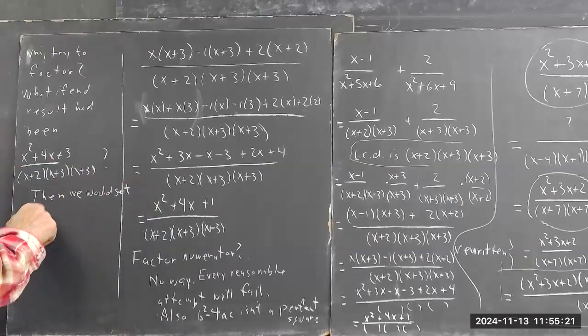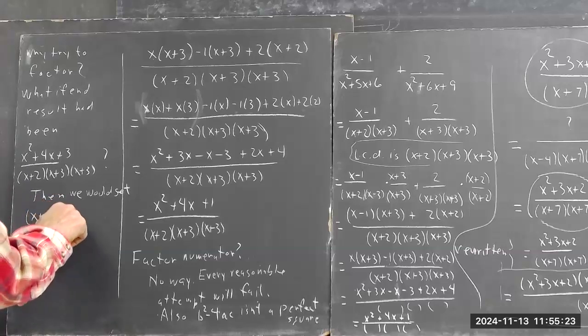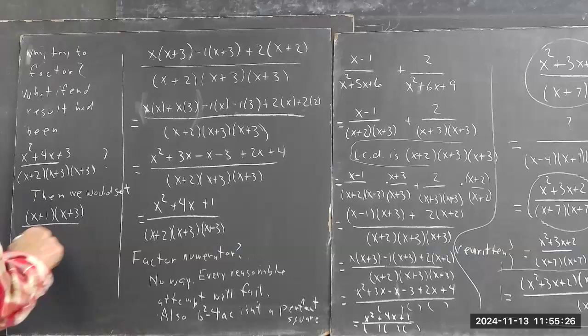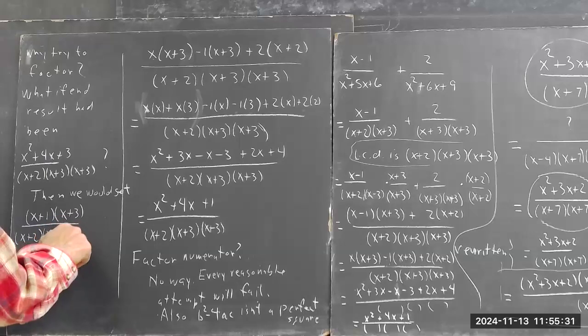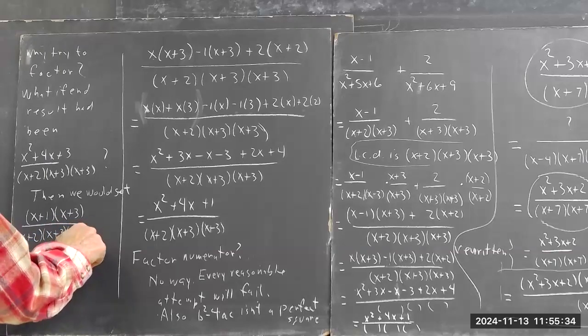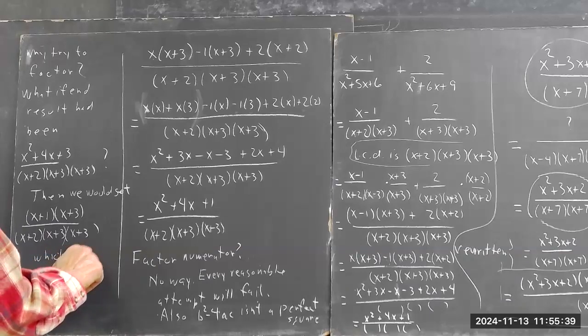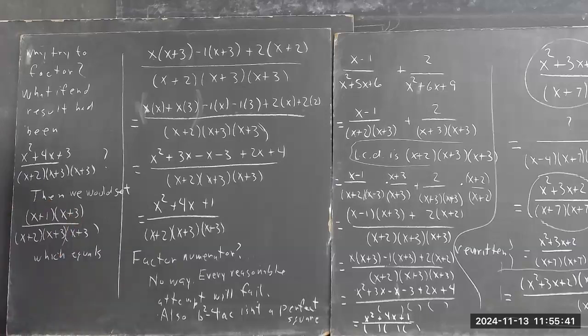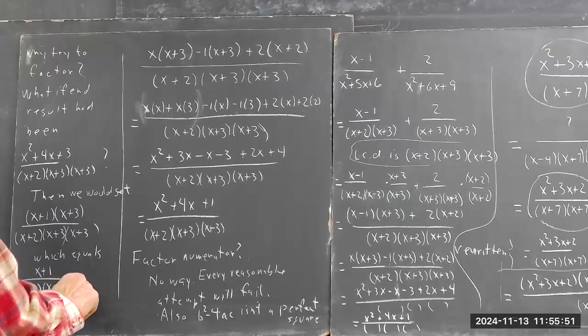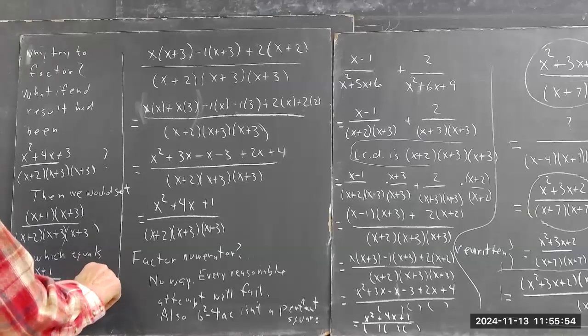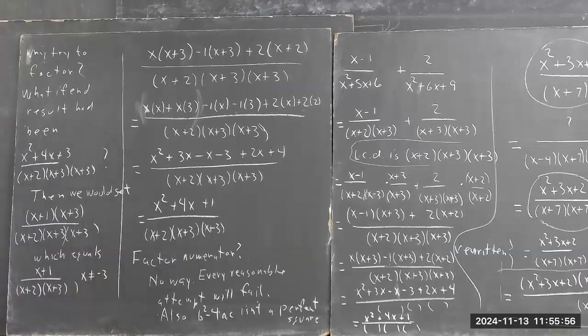Then we would get this, which just equals x plus 1 over x plus 2 times x plus 3, as long as x isn't equal to negative 3.